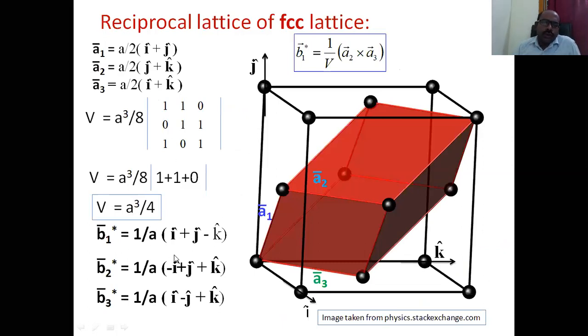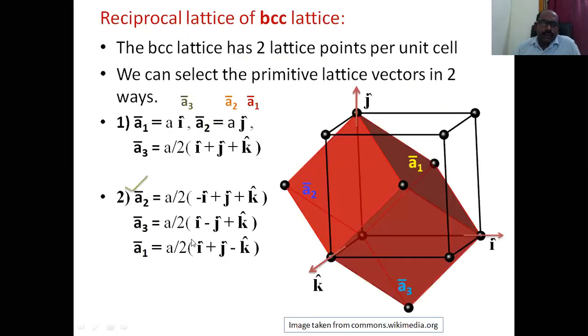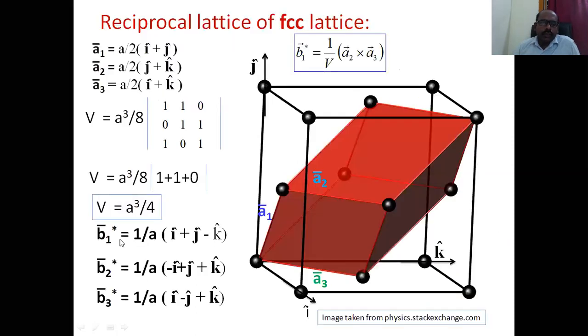So those were the base vectors in the direct lattice, and now these are the base vectors of the reciprocal lattice. So the conclusion is that the reciprocal basis vectors of FCC are similar to the basis vectors of the direct BCC lattice.